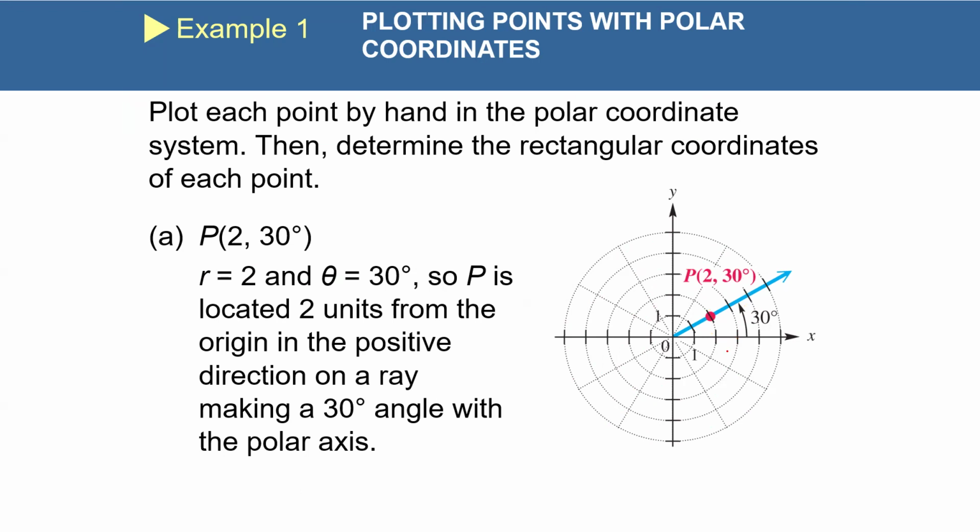Have you ever seen a Doppler radar? So 0, then you have the ring that is 1 radius. Then your second ring is 2. Then your third is 3. Then your fourth is 4, 5, and it keeps going, right? The larger your radius, the further out the point is going to be.